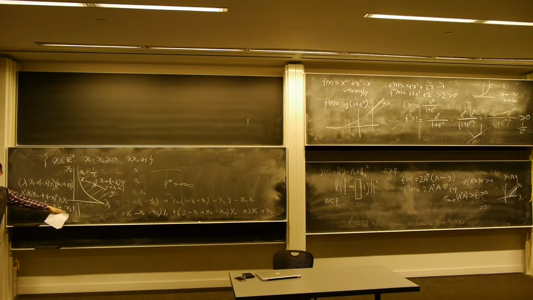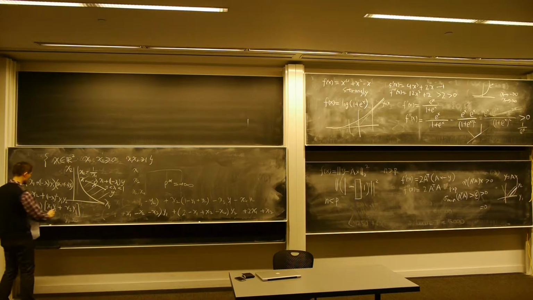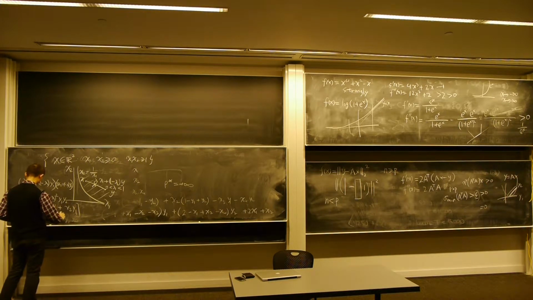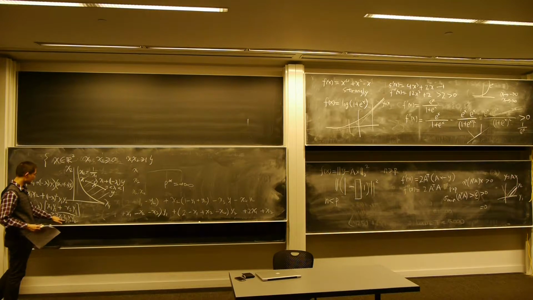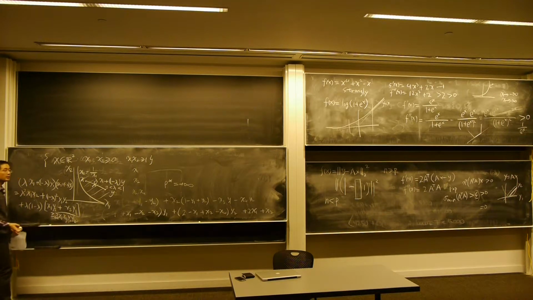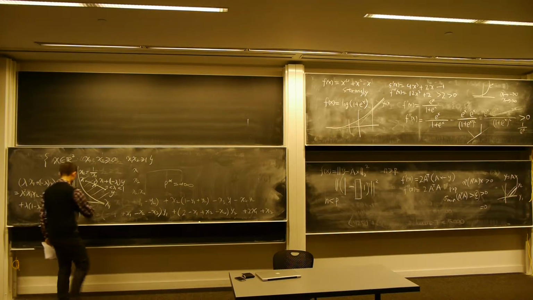By the Cauchy-Schwarz inequality, this is greater than or equal to 2 times the square root of x1 x2 y1 y2. Remember, x1, x2, y1, y2 are non-negative. And then you complete the square.